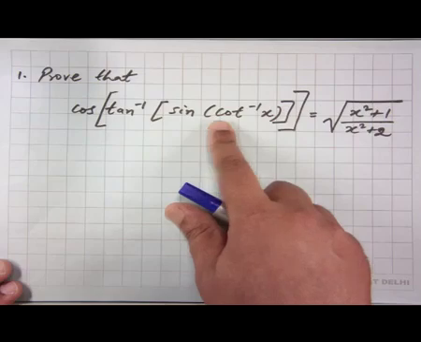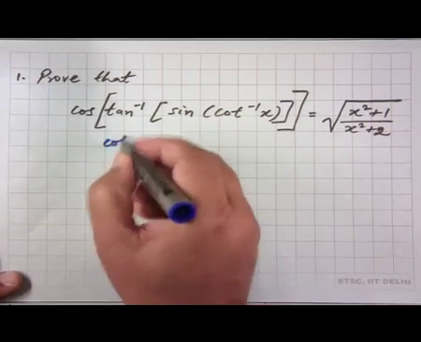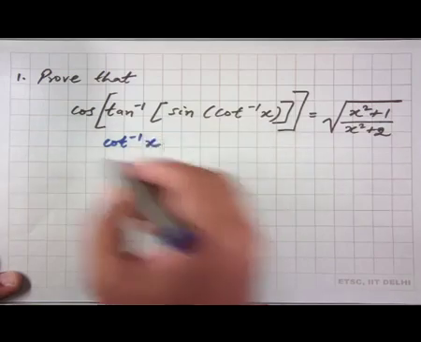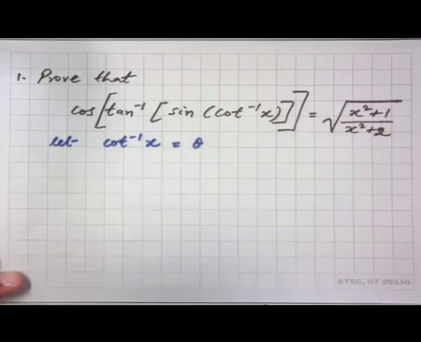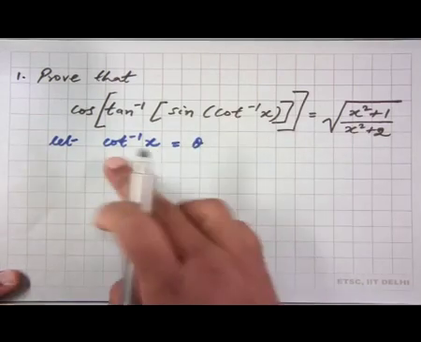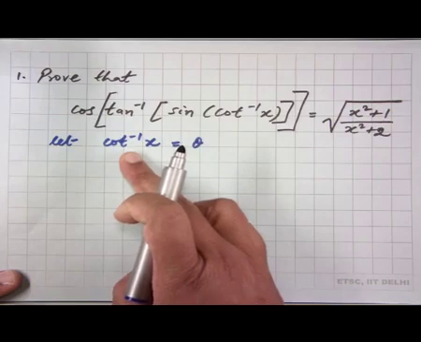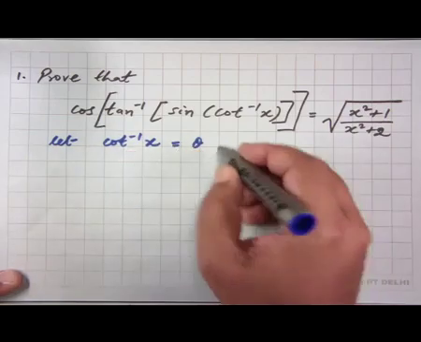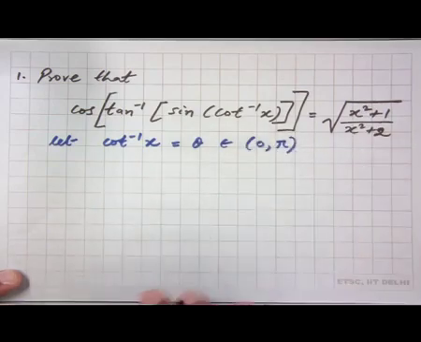That is cot inverse x, and we say let cot inverse x be equal to theta. Because the range set of cot inverse is the open interval 0 to pi, it is clear that theta has to belong to the open interval 0 to pi.